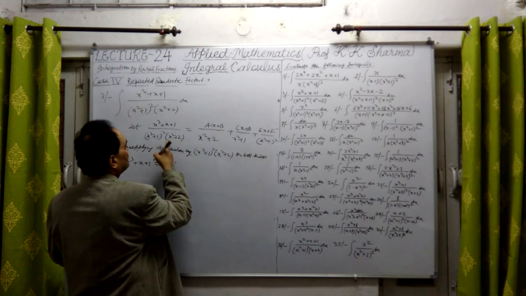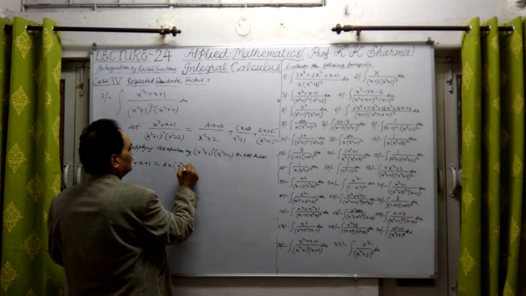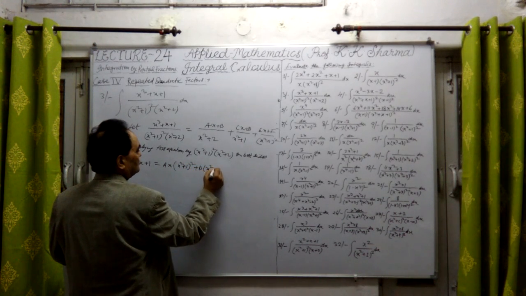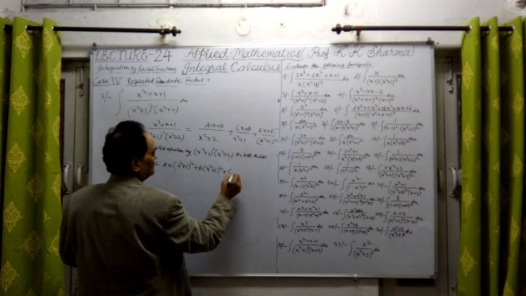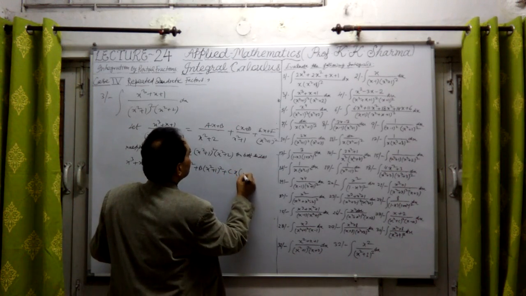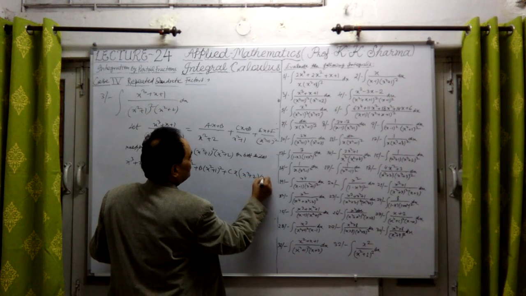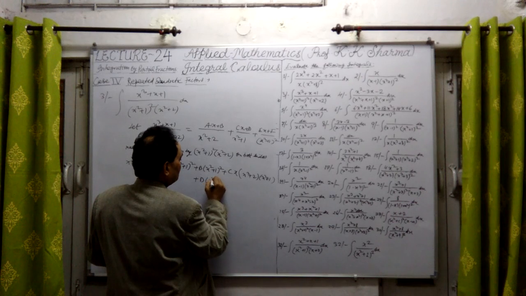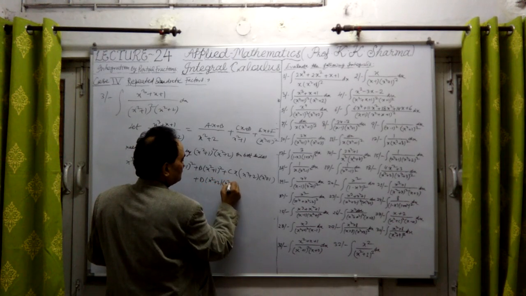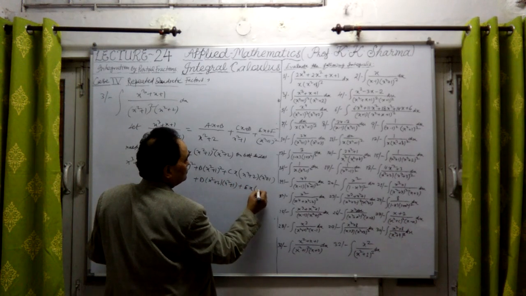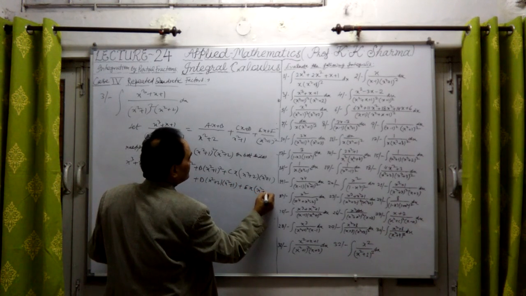So it will be x square plus 1 whole square, plus b into only x square plus 1 whole square, plus c into x into x square plus 2 into x square plus 1, plus d into x square plus 2 into x square plus 1, plus e into x into only x square plus 2.